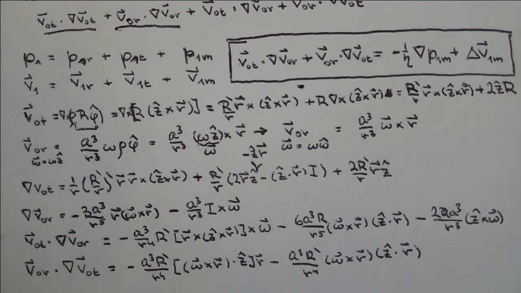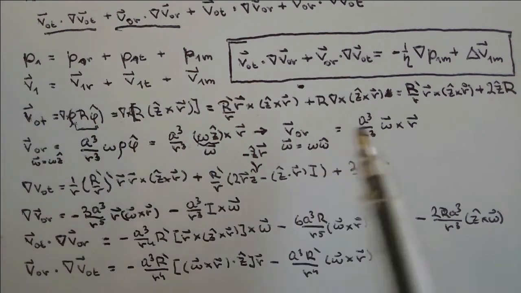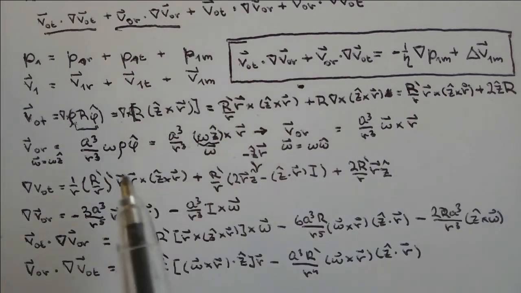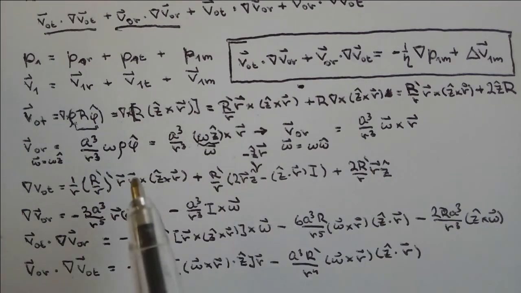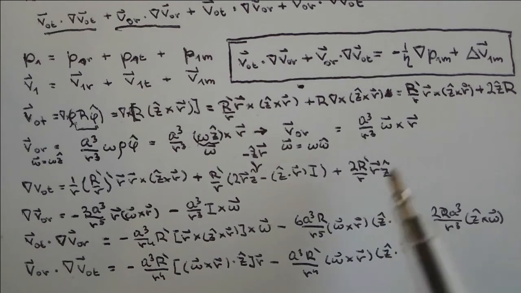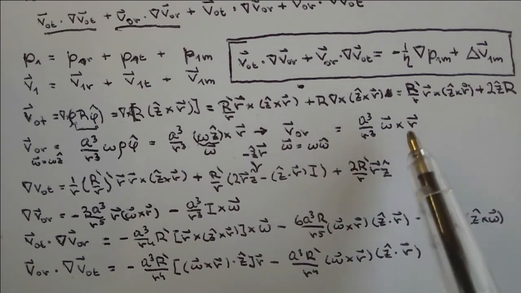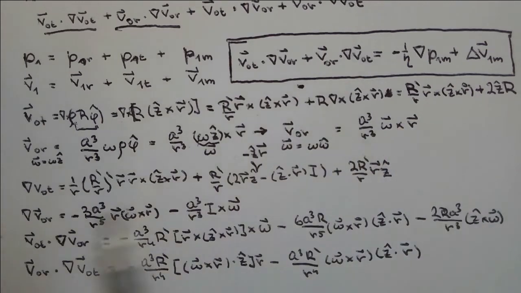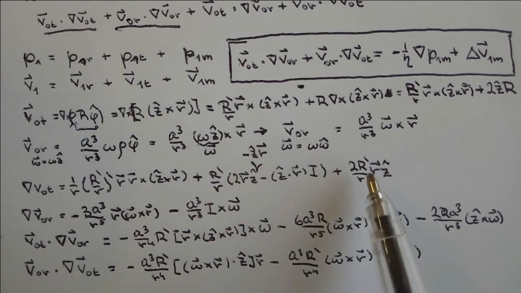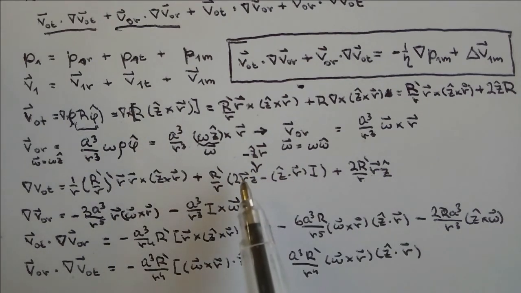So with this correction, it's easy to see that you have to take the dot product of this with this, and as horrible as it sounds, it's not so terrible to compute, because this vector is orthogonal to r, perpendicular to r vector, and these are just r vectors, and this is also r vector.